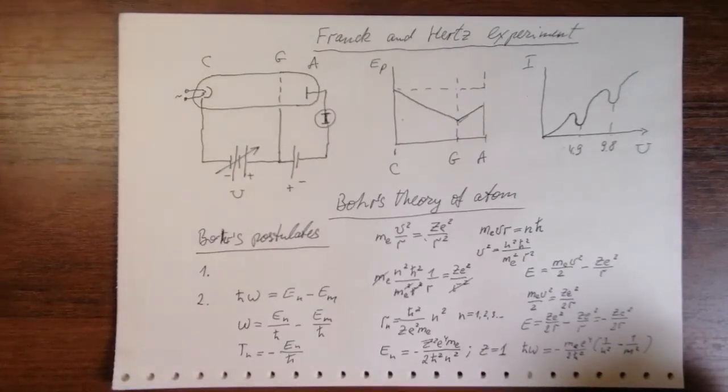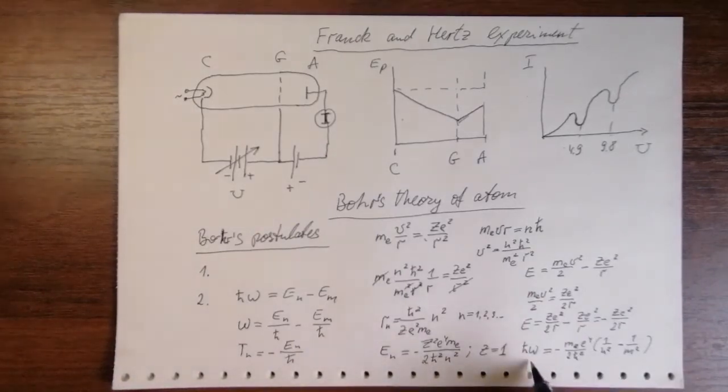Actually, when we derive omega from this, we will obtain Balmer's formula. Remember that here we have omega as En over h minus Em over h. Here we have En and Em.